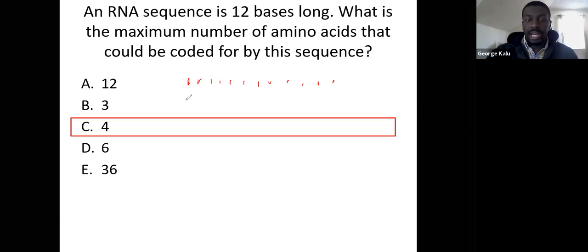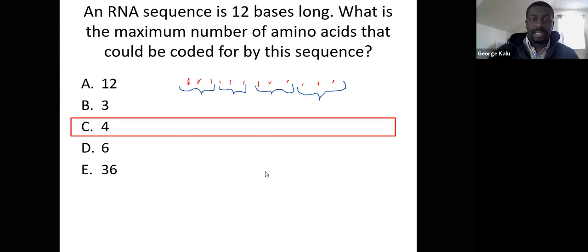And so every 3 is going to code for 1 codon. So that would be 1. Here's a second codon. Here is a third codon, and then here's a fourth codon. Because we have 4 codons made up by these 12 nucleotides, we're going to end up being able to form a maximum of 4 amino acids here. Good.